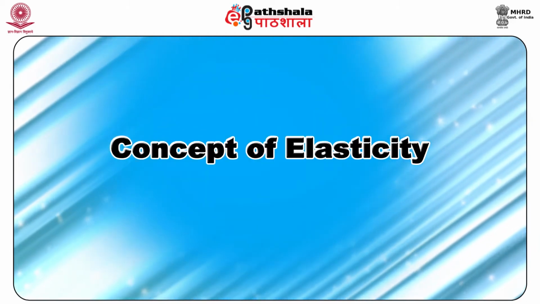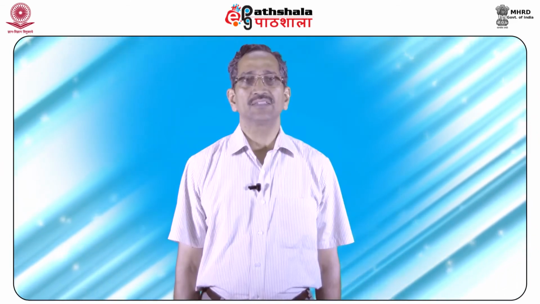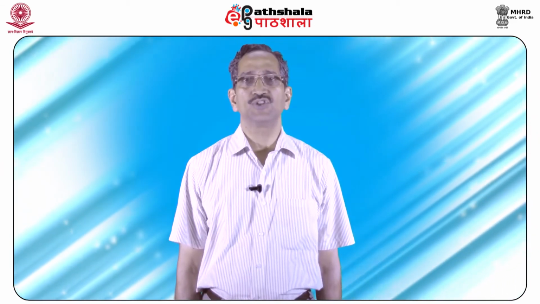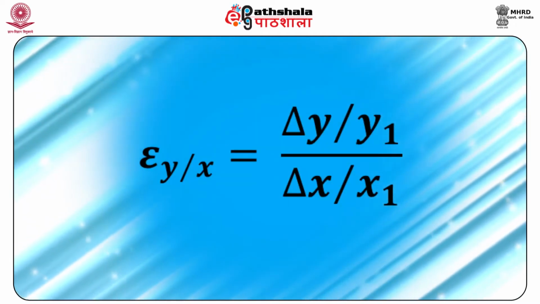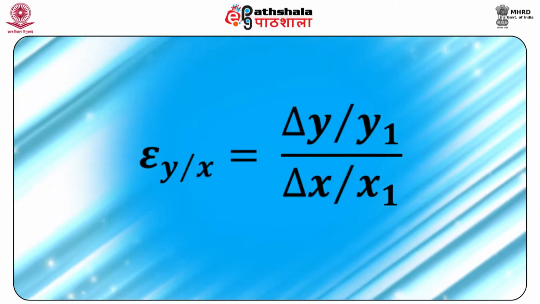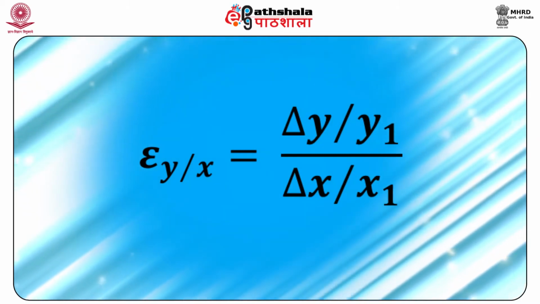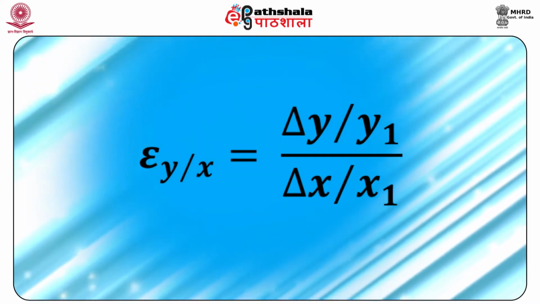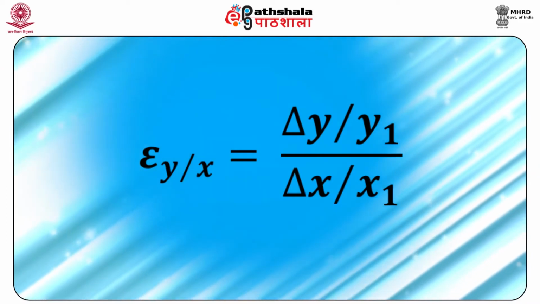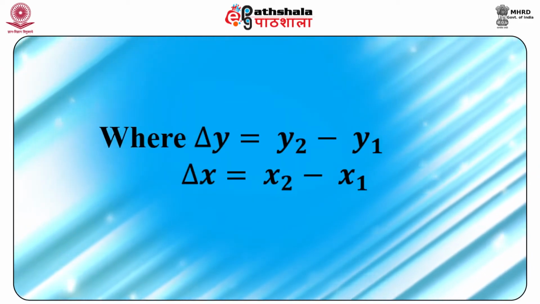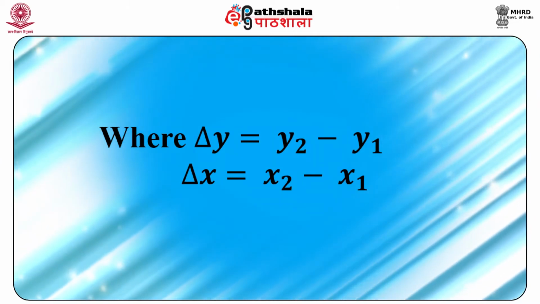Now here, let me introduce the concept of elasticity. Elasticity measures the ratio of relative change of two variables. In terms of proportional changes, the elasticity of y with respect to x can be defined as elasticity of y given x equal to delta y upon y1 upon delta x upon x1, where delta y is equal to y2 minus y1 and delta x is equal to x2 minus x1.